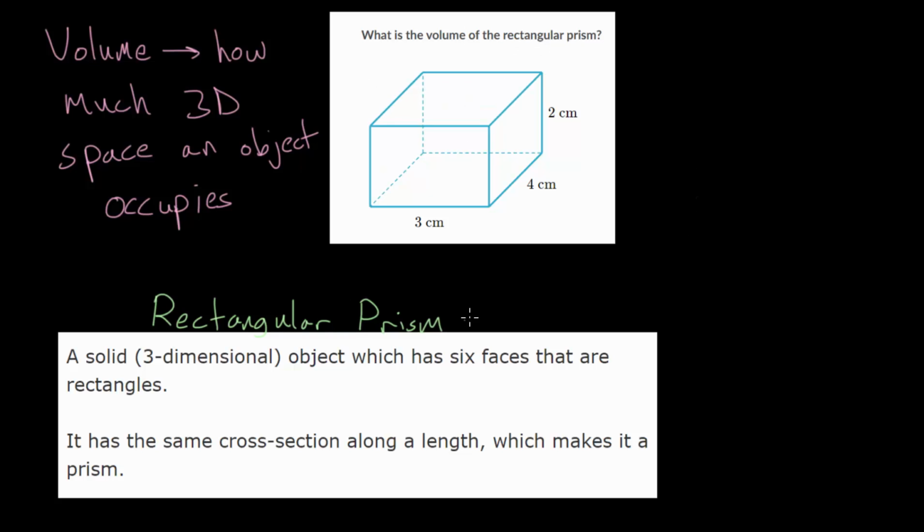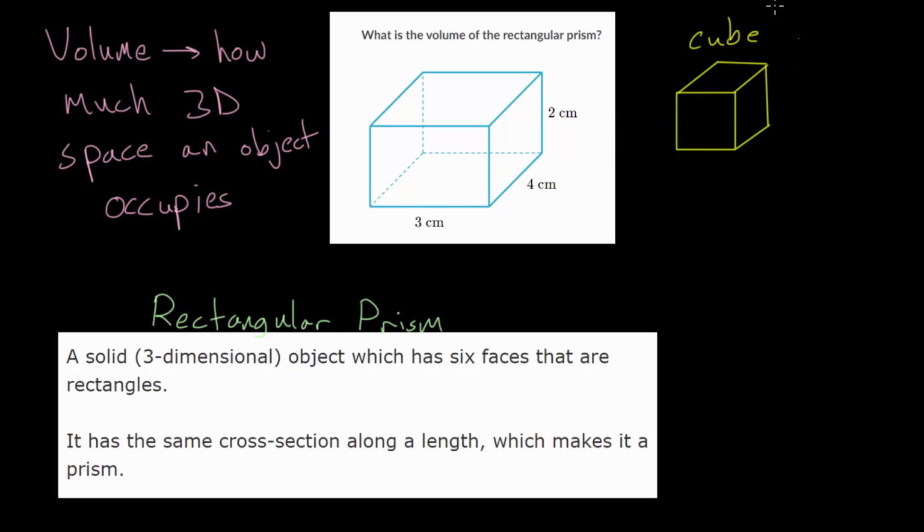A specific type of rectangular prism is what we call a cube. Let me draw in a quick picture of a cube here. A cube is going to have all of the same lengths on each side. So it's a specific type of rectangular prism where all of the side lengths are the same.